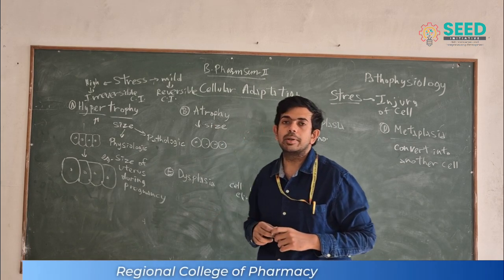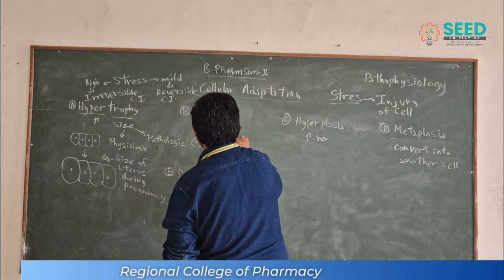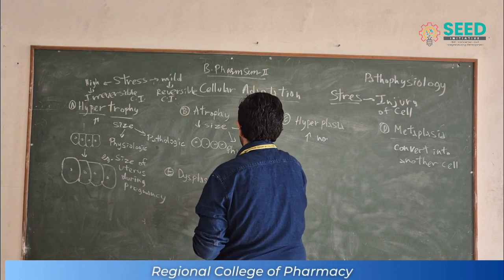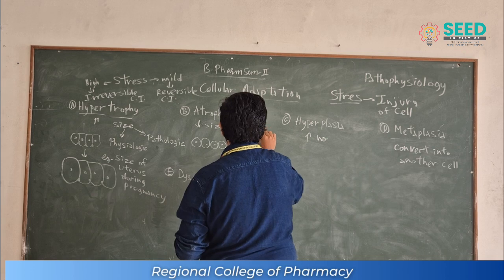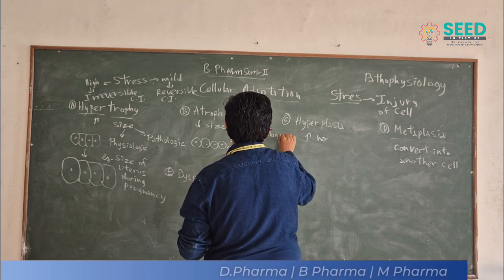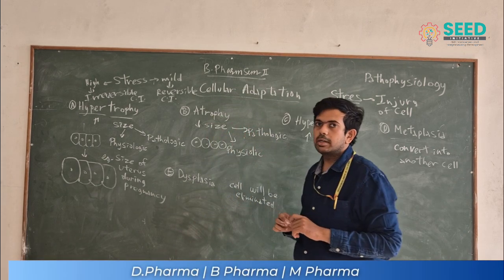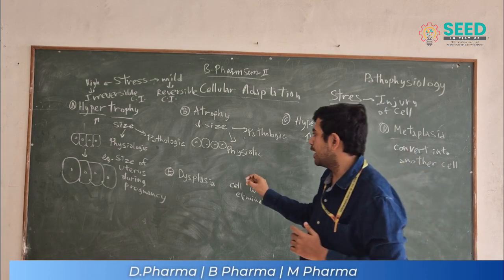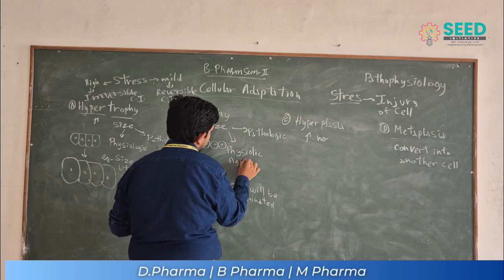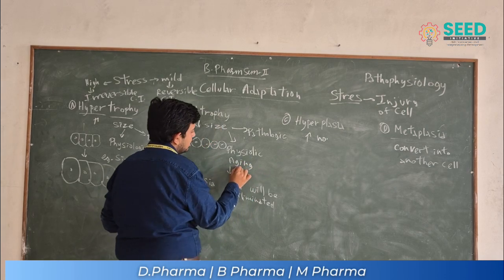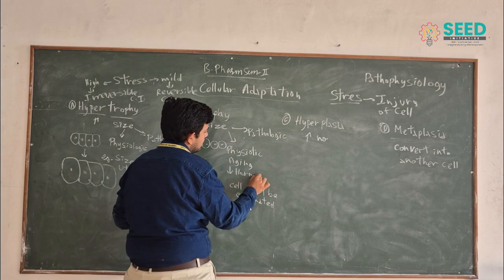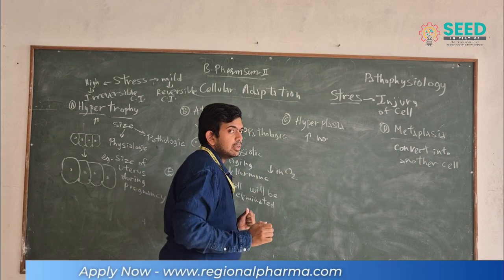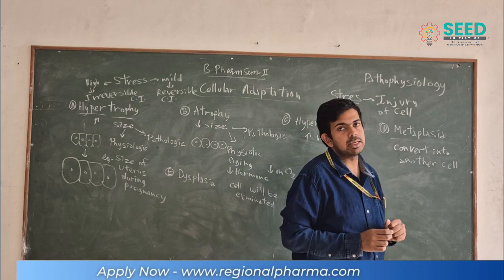Next is atrophy. Atrophy is also of 2 types. One is physiological, another is pathological. Physiological means that due to some conditions of physiology like aging, decrease in hormone or decrease in oxygen, the cell reduces its size.